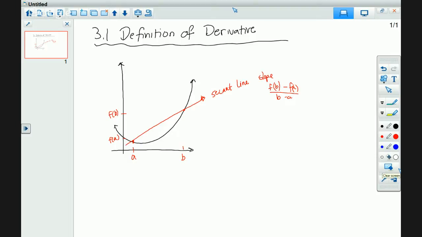The new thing for calc is the tangent line. You know what that is? The tangent line. This is basically what we're spending a semester on.